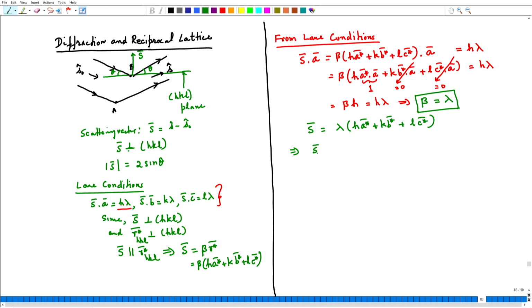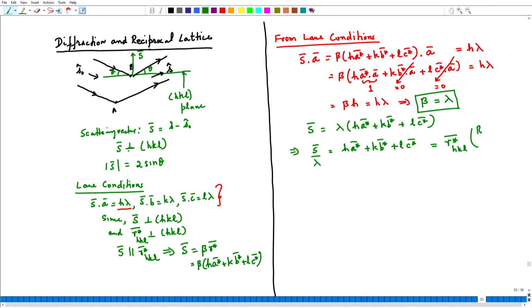I can bring lambda to the left hand side. So, S upon lambda equals H A star plus K B star plus L C star, and this is nothing but the reciprocal lattice vector R star.